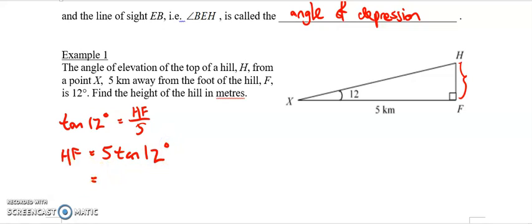On your calculator, you'll get 1.06278, which rounded off to 3SF is 1.06. It is in kilometers, so this is our answer for the height of the hill, 1.06.